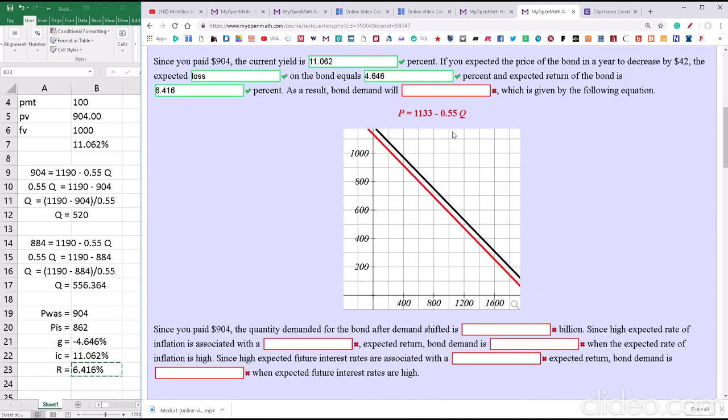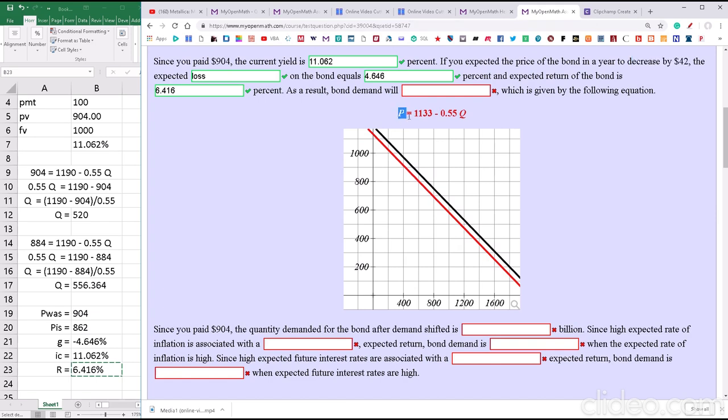Okay. So if you do expect bond prices to decrease by $42, maybe some expert on CNBC or Fox Business Network is telling everybody, hey, bond prices are expected to fall by $42. Then the average investor's demand might fall, as it's shown in the diagram below.